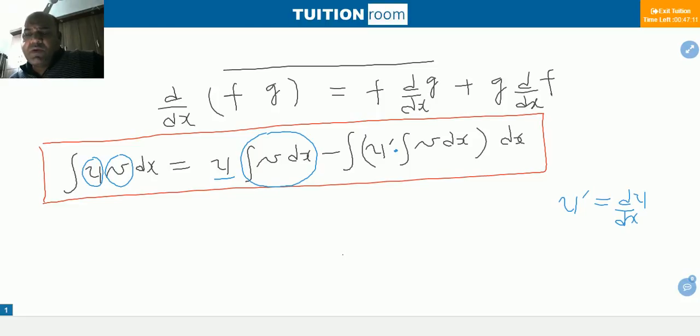Suppose we assume this as the first function and this is a second function, and we would like to integrate it. Then what will we do?